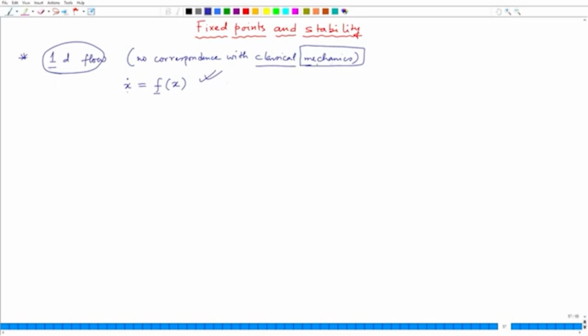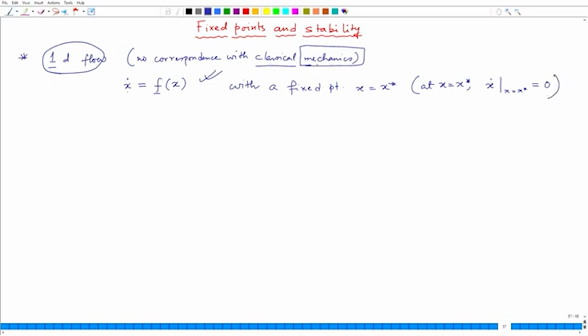And I am now saying that, if this is true, then I also know that with a fixed point x is equal to x star, that means that at x is equal to x star, x dot is equal to 0.